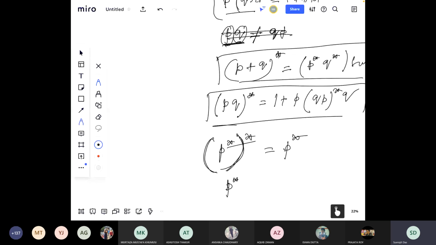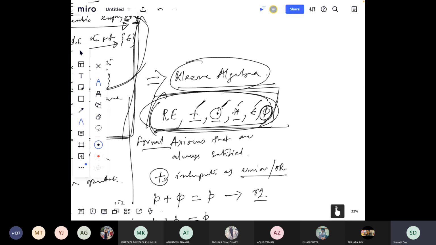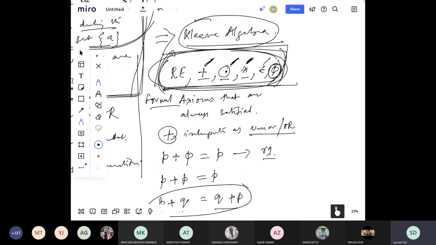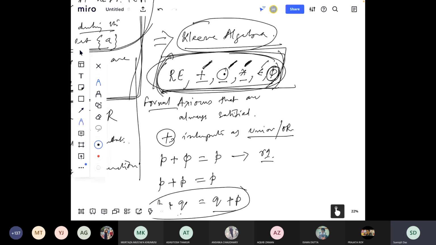So each of these operators, plus, dot, and star, are defined. This union, concatenation and Kleene closure are defined as an algebra. Algebra means if the algebra is complete, substitution is possible everywhere. You can substitute any of these axioms with any values, and it is a complete algebra.